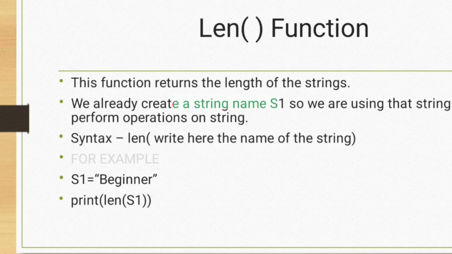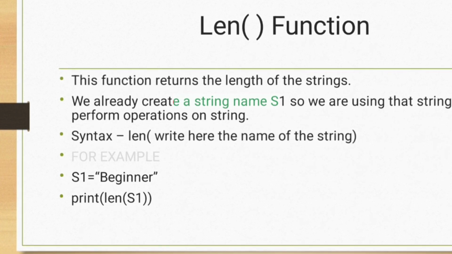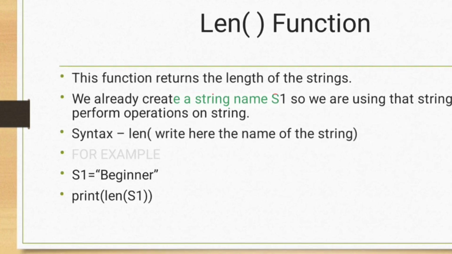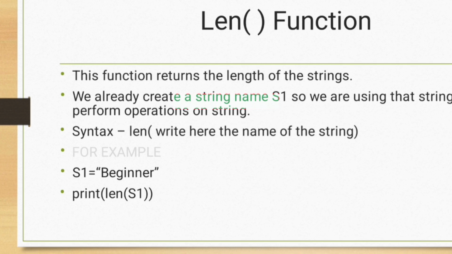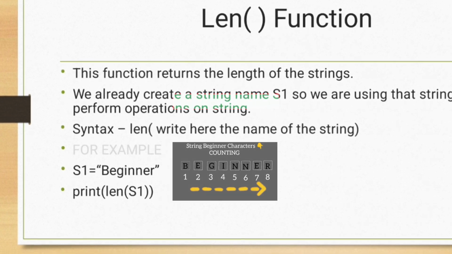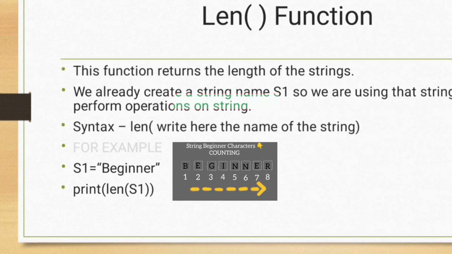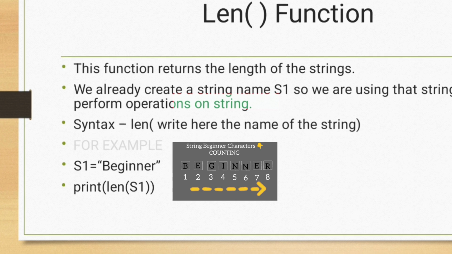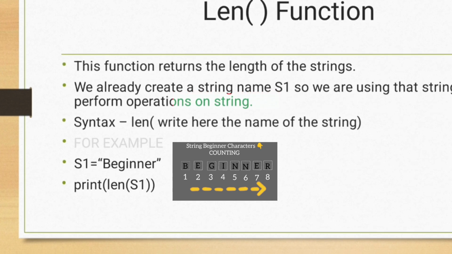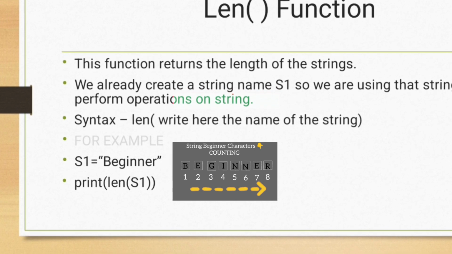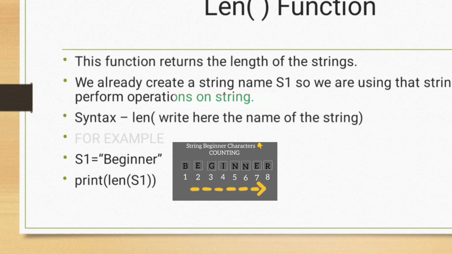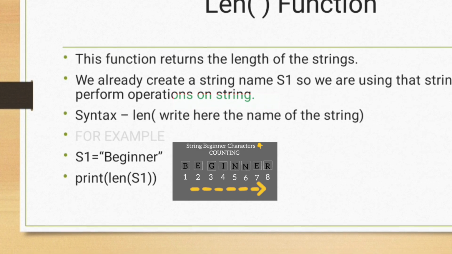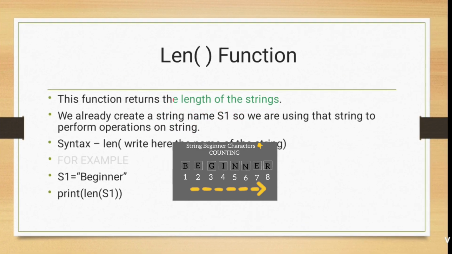Now print for printing the output. Now we use here len function. First we write the len word and inside the parenthesis we give the variable name, in which we stored a string which is beginner. So here we have written s1. Now after executing this line of code we will get output 8.